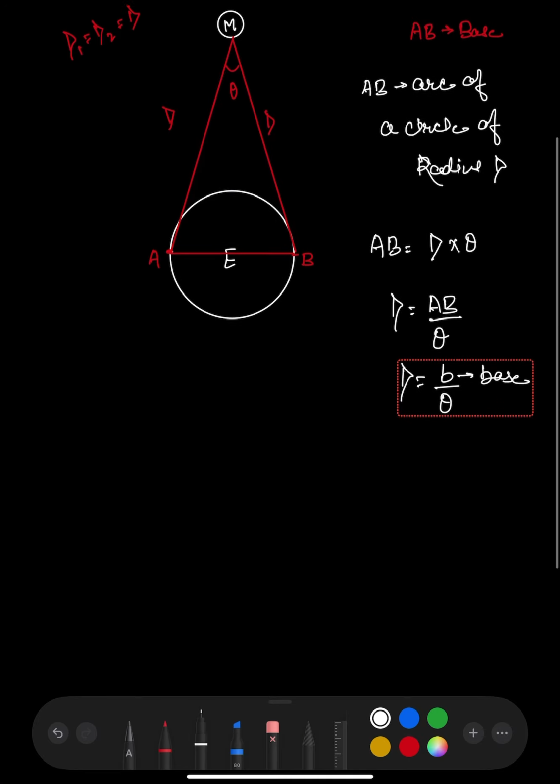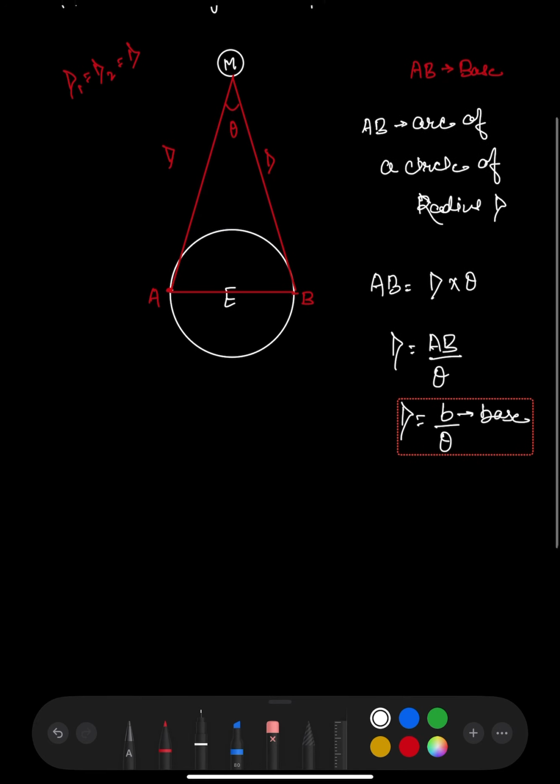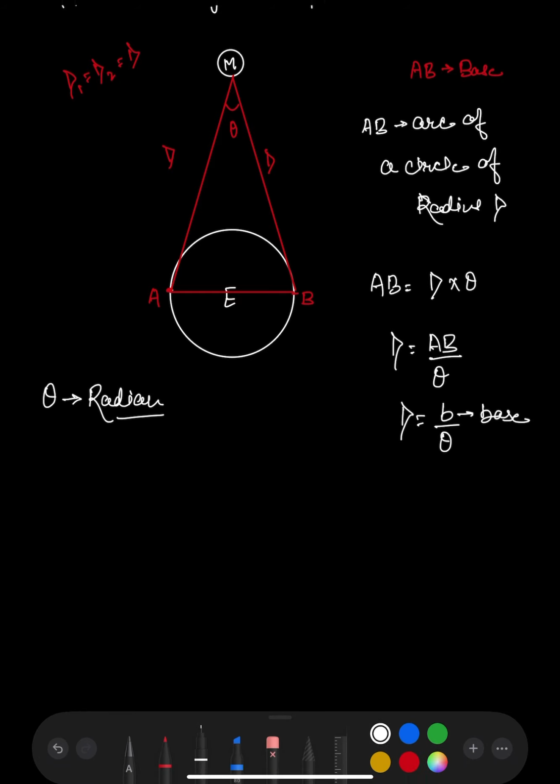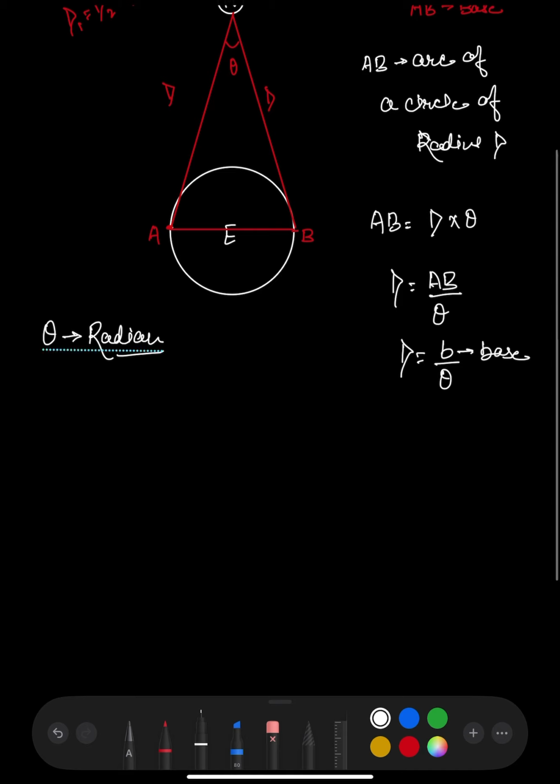Now there are some limitations. Here theta has to be in radians. So there are some conversions that you need to know. 1 degree is equal to pi upon 180 radian.